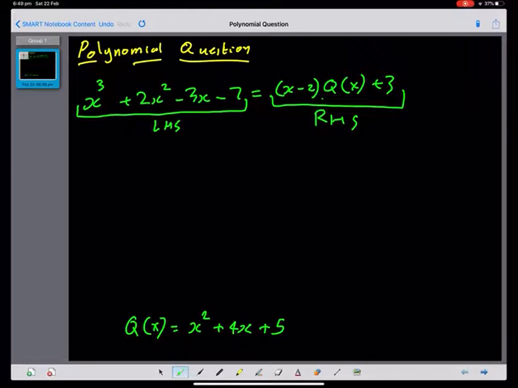Okay, so we've got x squared plus 4x plus 5. We need to multiply by x minus 2. Then we need to add 3 on the end.